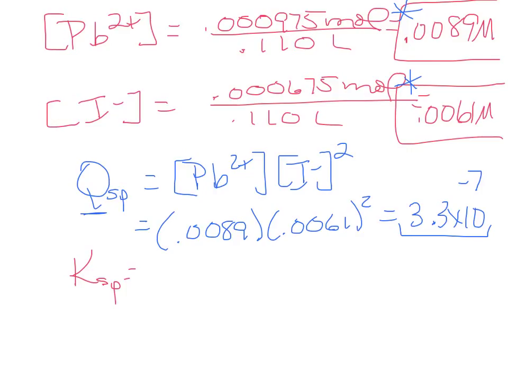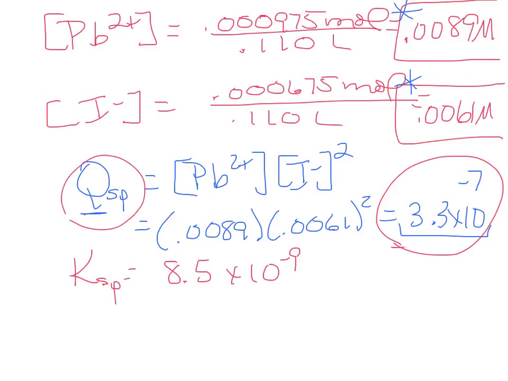So the Ksp value is 8.5 times 10 to the minus 9, and the Q value is 3.3 times 10 to the minus 7. Which is larger? Well, minus 7 makes it win. That is the larger value.